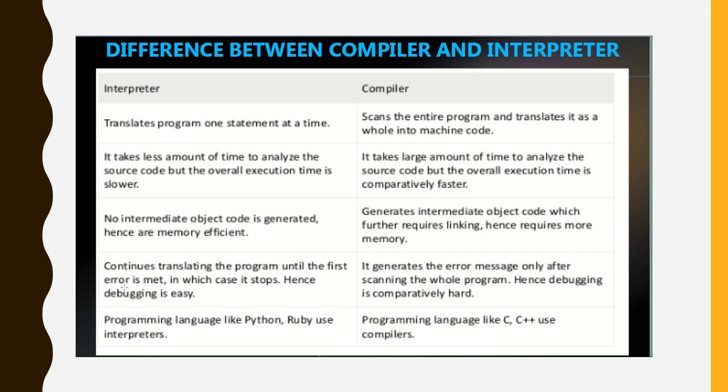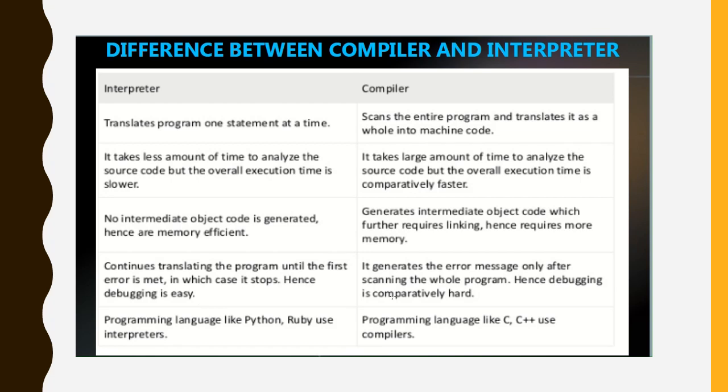Next, an interpreter continues translating the program until the first error is met. In which case it stops, hence debugging is easy. The program is translated one statement at a time. That's why whenever we get an error, it stops at that particular point rather than at the end. Okay, that's why we can find where we have made the mistake, and that error can be cured.